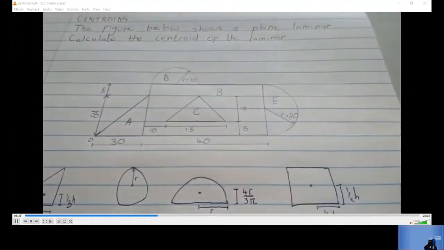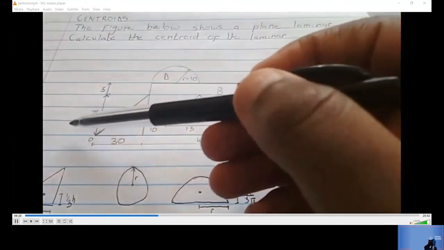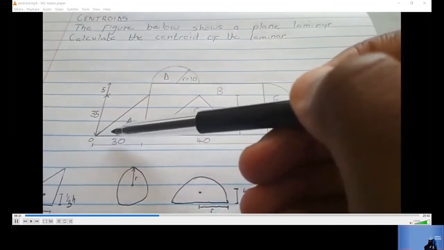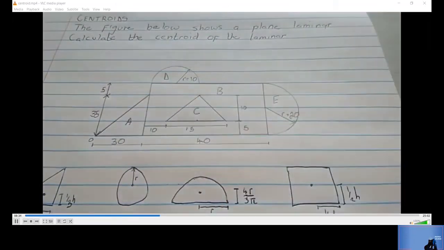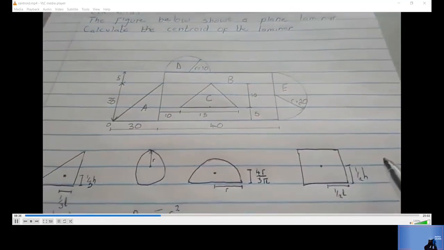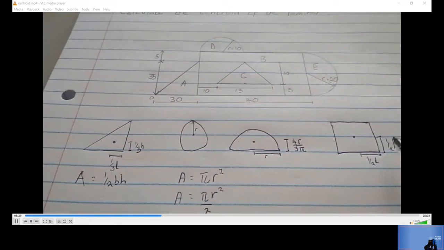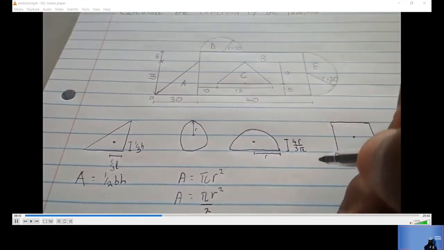Now we need to find the individual centroids on the x-axis, starting from, this is our datum, 0. So everything will be based on that. Okay, so the centroid of A is a triangle, and if coming from this side is 1/3, then coming from the apex this side, it is 2/3 times L. Likewise, up there, it's going to be 2 over 3h.